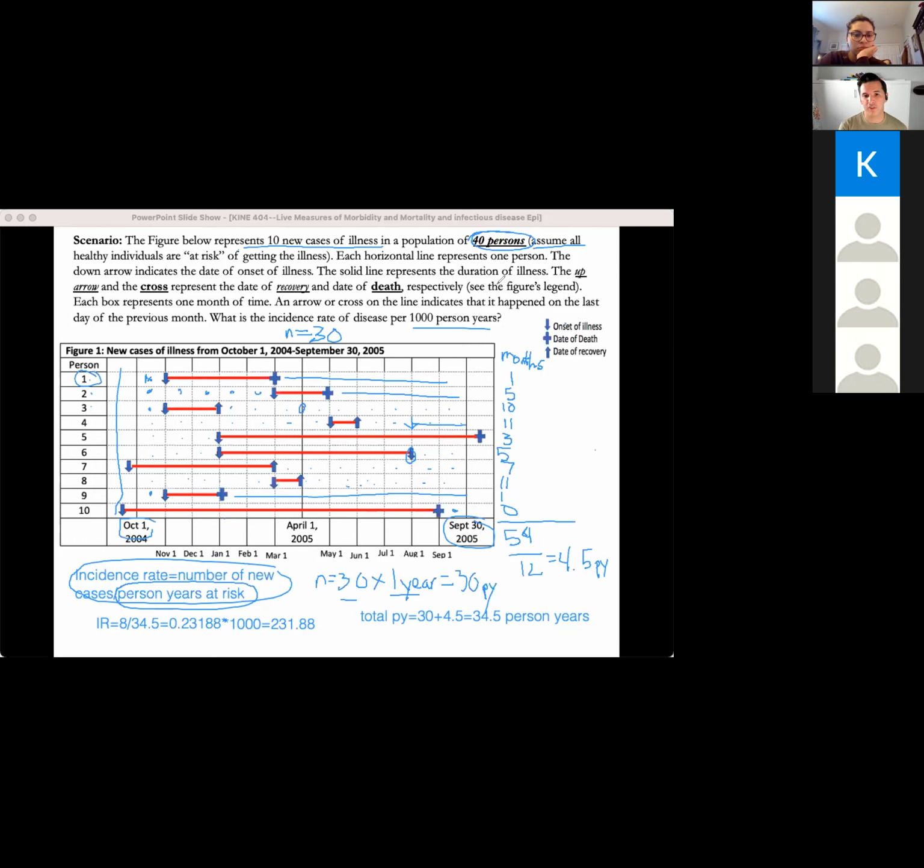If I'm calculating prevalence on September 30th, 2005, how many people are in my population on that day? Related to that, if a red arrow overlaps with the date I'm asking about, the red line indicates that they're sick on that particular day. For example, on September 30th in this figure, there's one person that is sick.